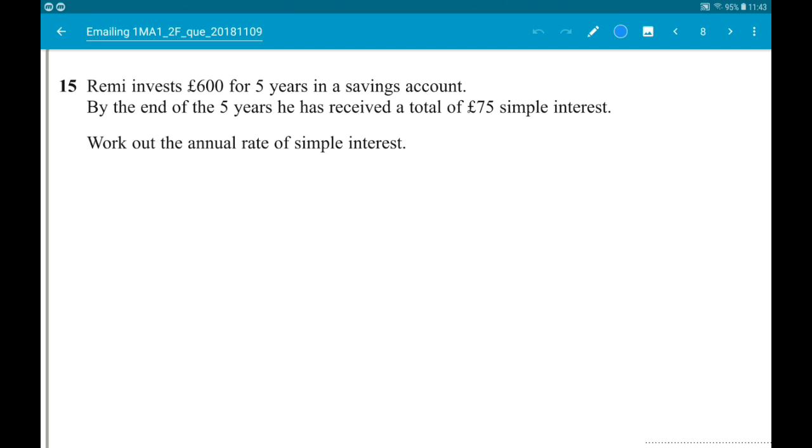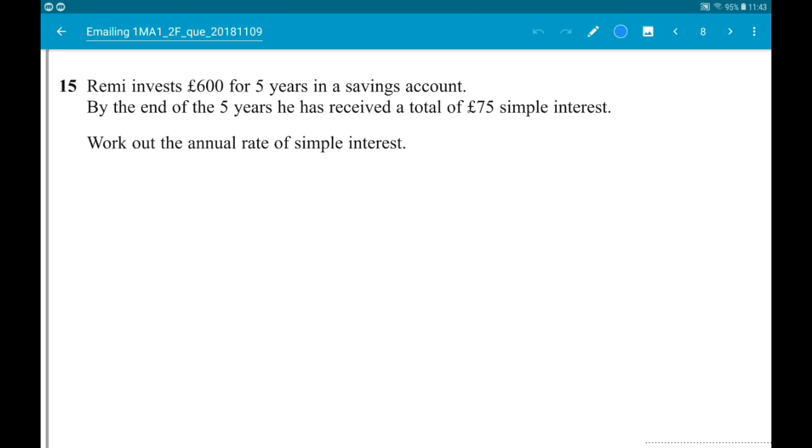So, our job is to work out the annual rate of simple interest. Okay, so over 5 years, he's made £75. Each year, he's made the same amount.